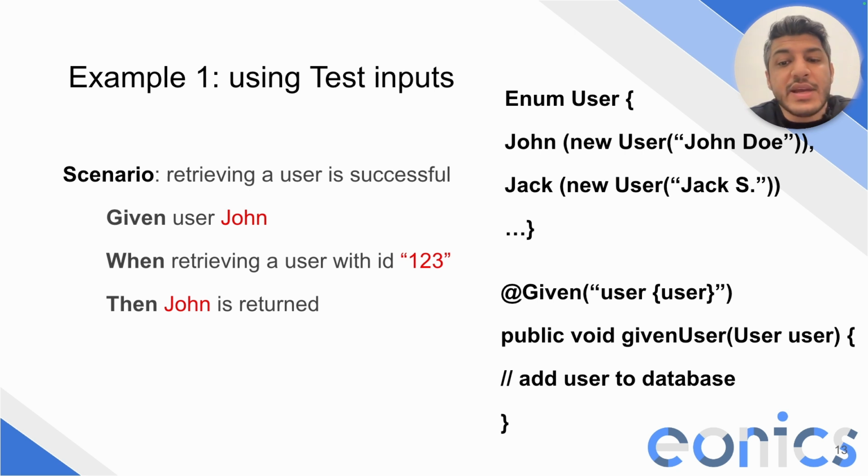So as you can see, again, you used a given sentence for Cucumber to create a user, but then we can have this user as an enum and then use the full data for that specific user to use in our test. So here we have John. We already concocted a user, John.